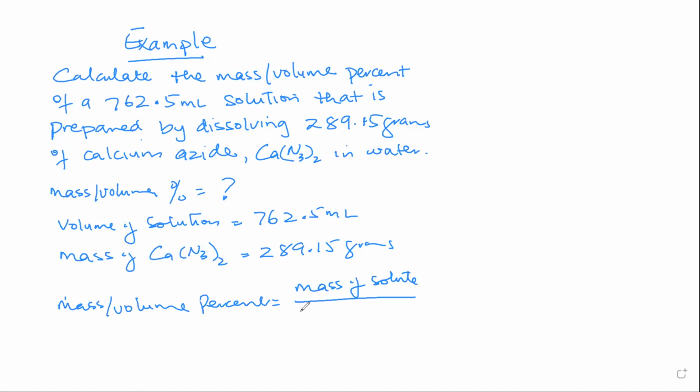Don't plug in the numbers without showing the formula. That's it. Then we plug in the numbers. Mass of solute is 289.15 grams of calcium azide.